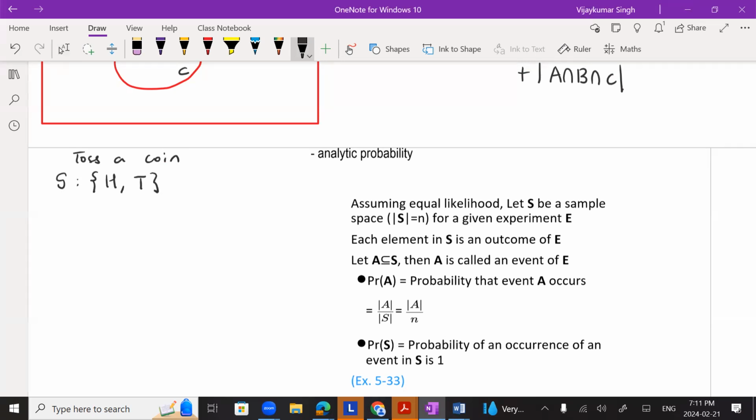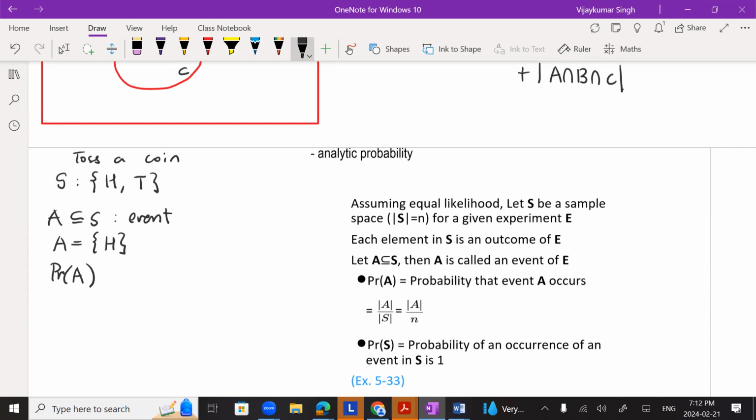Then you're asking what is the probability? Let's say A, which is a subset of S, is an event. Let's take our event to be a head. And the question is, what is the probability of event A happening?